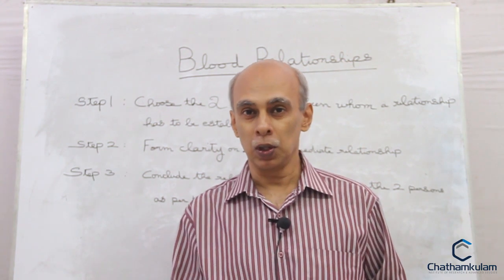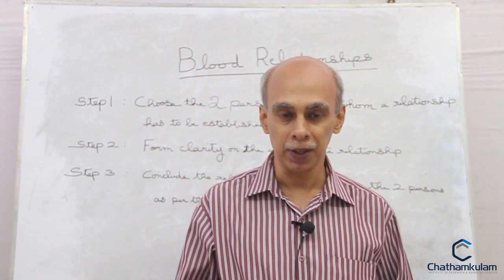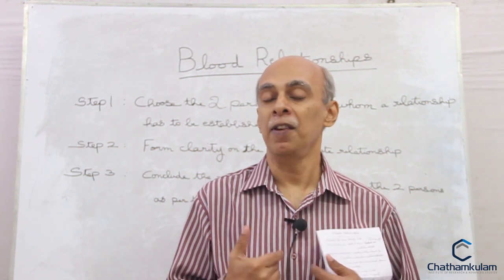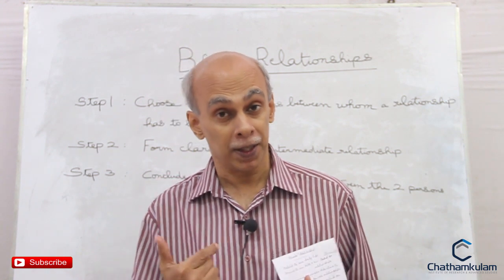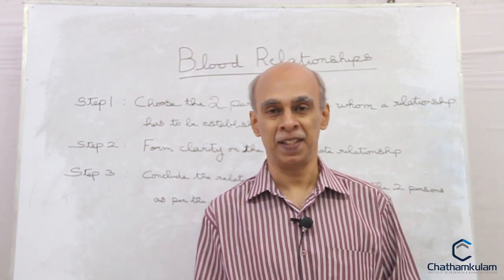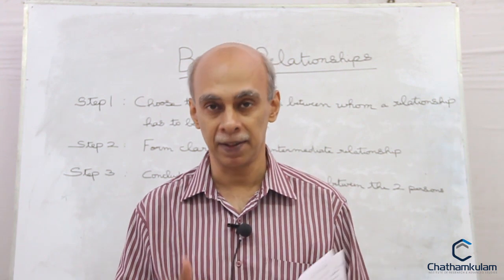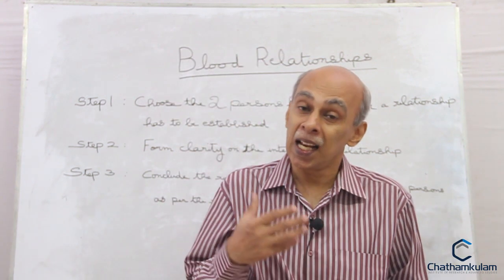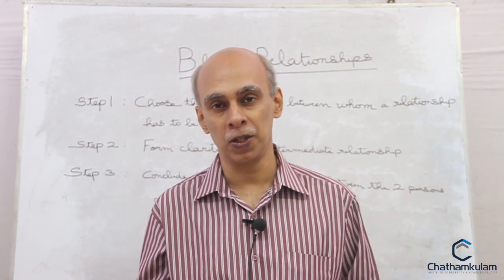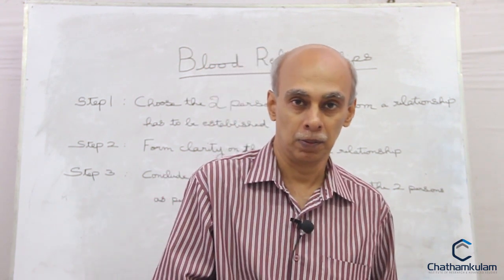I'll just give you a basic example to start with. For example, my father's only child. My father's only child obviously implies me, myself. Similarly, Radha's husband's father-in-law's only daughter.